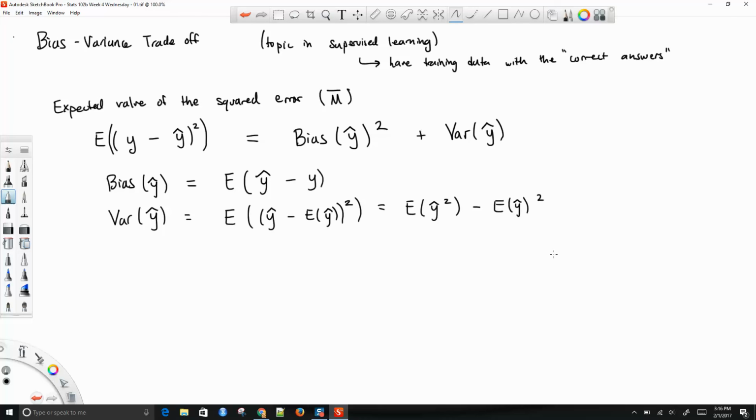These are the big ideas here. The bias, you can think of as the difference between our model and the true values, and this is generally in the test data.